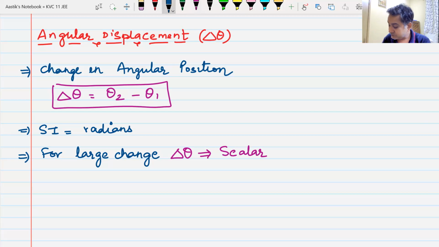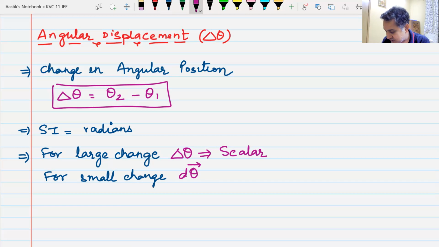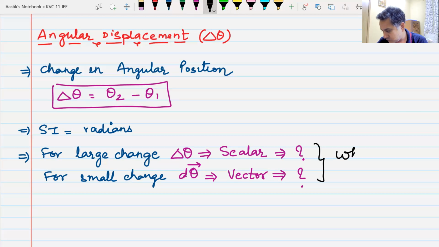But for small change in angle, which is d theta, this d theta is a vector. Now the question comes, why this is a scalar and why this is a vector? I will leave you to find out. Find out why. Does anyone know why?